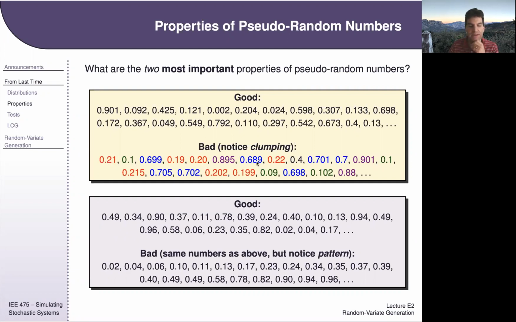Then there's another bunch of them clumped around 0.7, and a couple more falling in between. If I were to take a histogram of these numbers, there would be a large peak around 0.2 and a second peak around 0.7, and only a couple in between. That is non-uniform, so that violates the uniformity property.